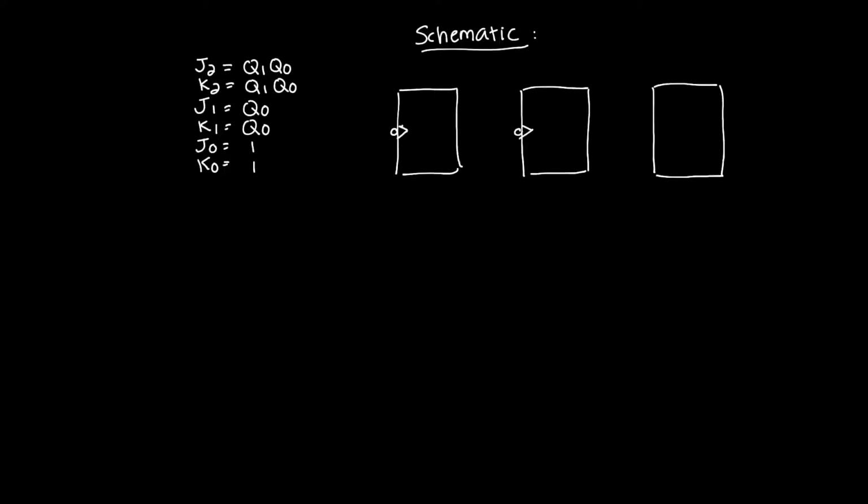This is a distinction from ripple counters. In ripple counters, I cared, but now it doesn't matter. I just want there to be a transition at the clock edge. And again, I'm going to wire up the same common clock to all flip-flops.